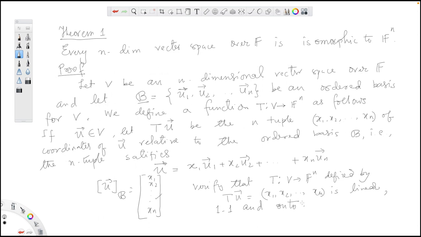This expression is unique and hence it's one-to-one.